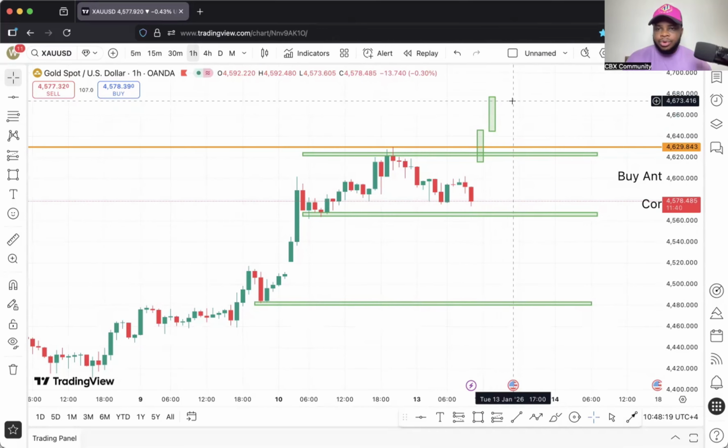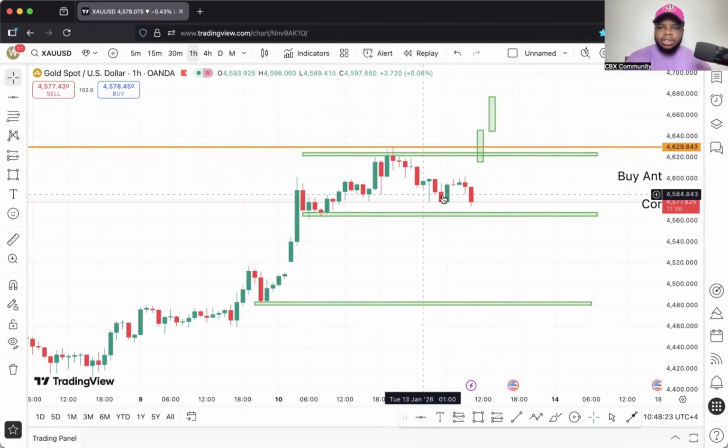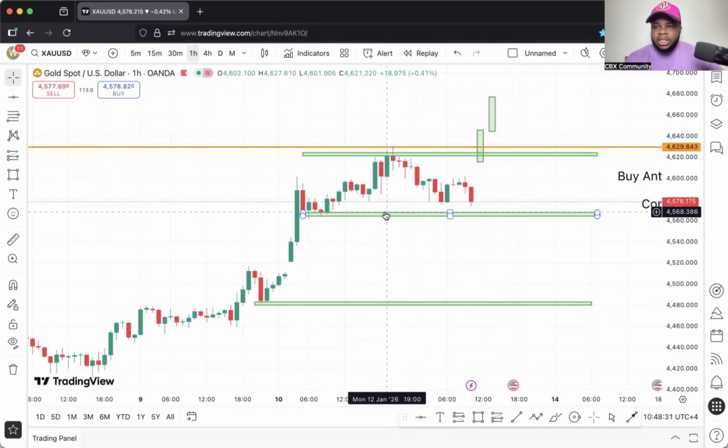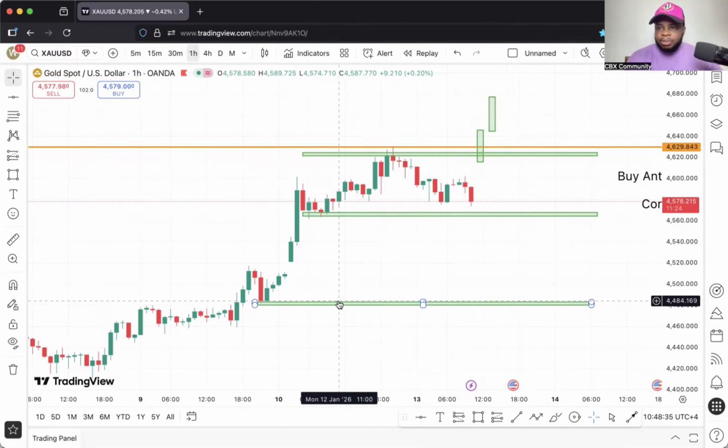But as of now, we don't need to do anything until the break of this consolidation zone over here. If we are anticipating a bearish candle to break this support zone for the price to keep coming down to this support zone over here.